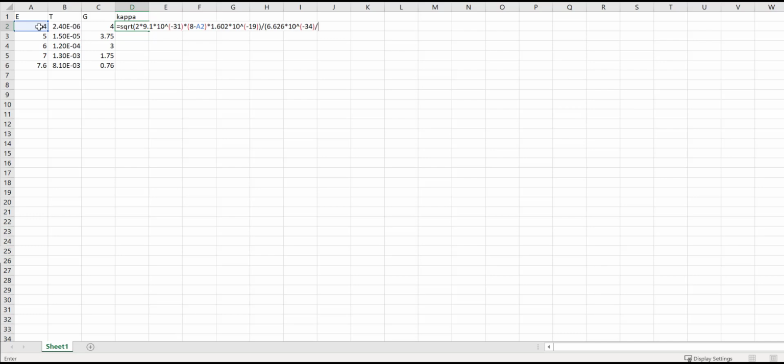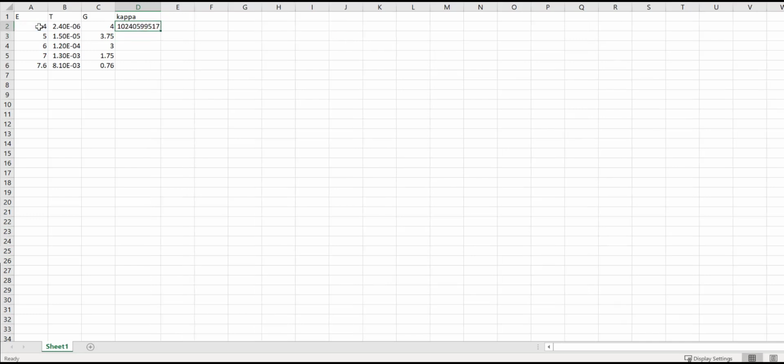Divided by, open parentheses, 2 times, and Excel has this function called pi. So this is kappa. Again, it's a big number, supposed to be a big number. Control C and then paste it everywhere. So these are the different values of kappa.